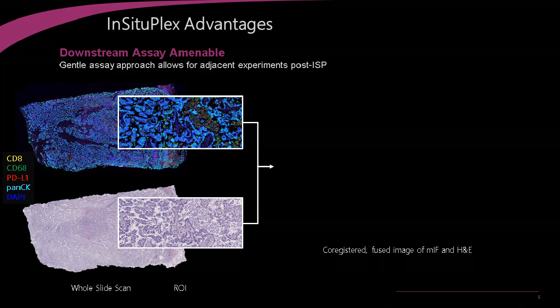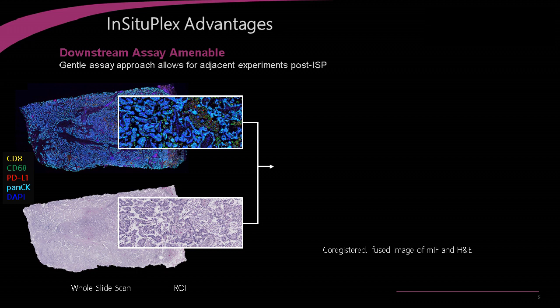One of the major challenges of multiplex IHC so far has been to enable multiplexing on different biomarkers while retaining the advantages of the H&E in terms of morphological information. So the Ultiview InSituPlex technology now allows the combination of H&E and fluorescence staining on the same exact slide.